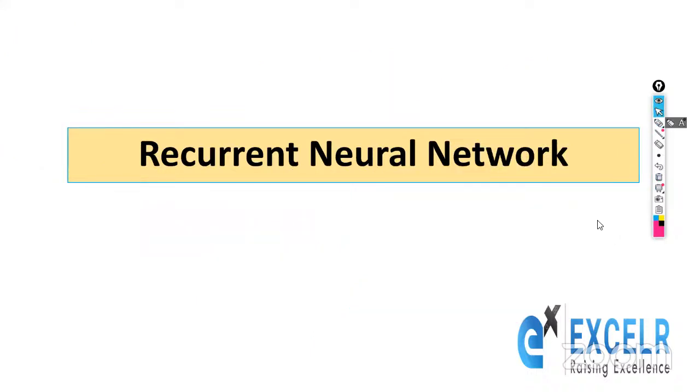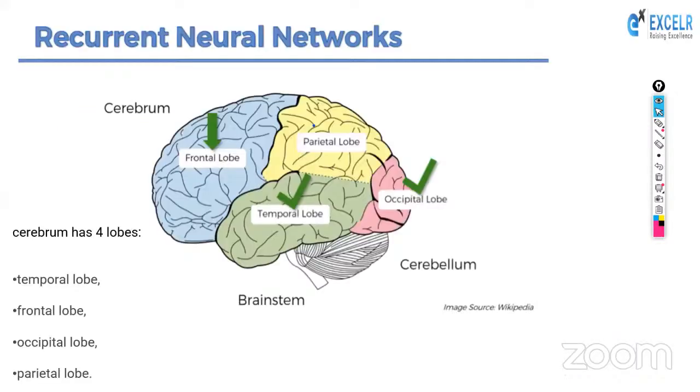So let me give you an overview idea. What is this RNN and how can you relate it to different kinds of concepts? Actually, this concept of RNN is something related to our brain's functionality.